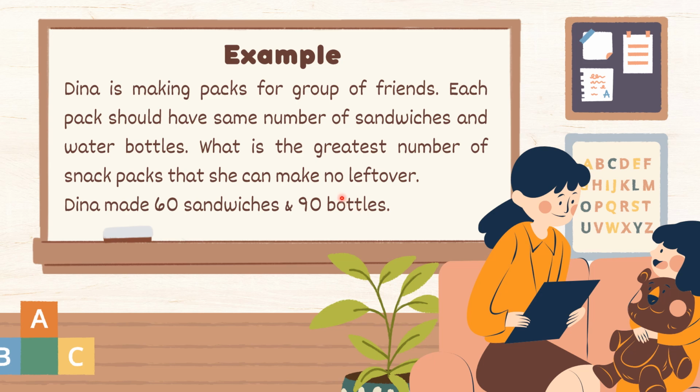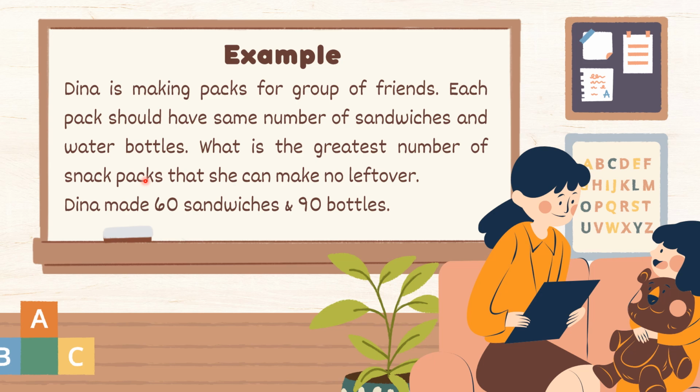You can see from this example, the first thing we need to learn is to understand what is required from the story problem and what is the given information from the story problem. Here, the required is what is the greatest number of snack bags.